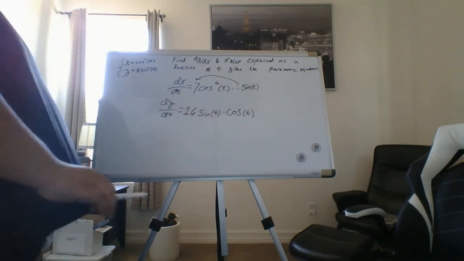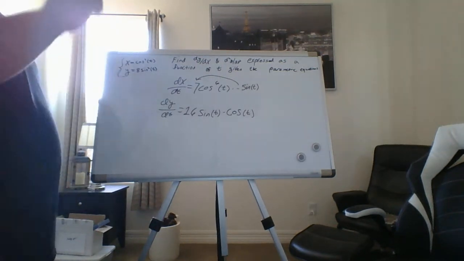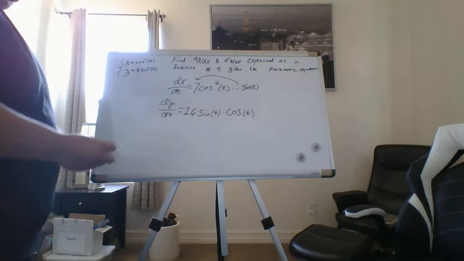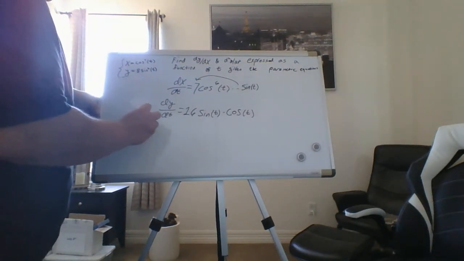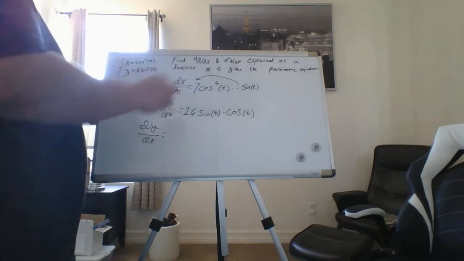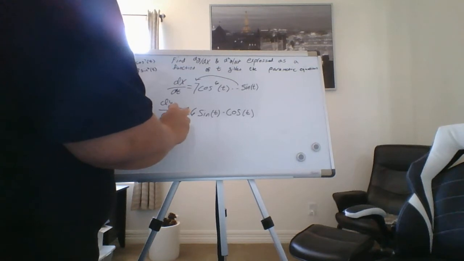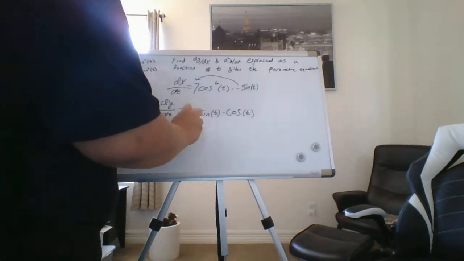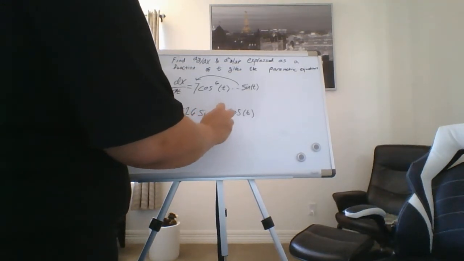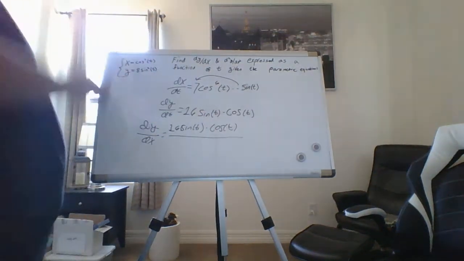Now you take these two equations and you put them together in a fraction, dy on top, dx on bottom. That's why we have dy over dx for the derivative. So you put 16 sine of t times cosine of t all over 7 cosine to the 6th power of t times sine of t.